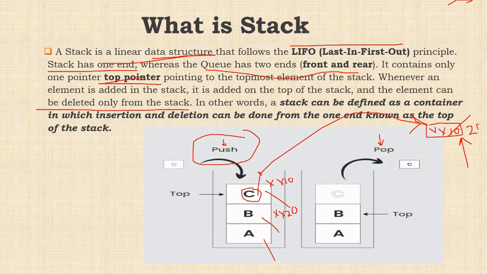Like this the stack works. We are removing c, then b will be on top. Now the address of b will be stored in the top pointer. So this is the internals of a stack.